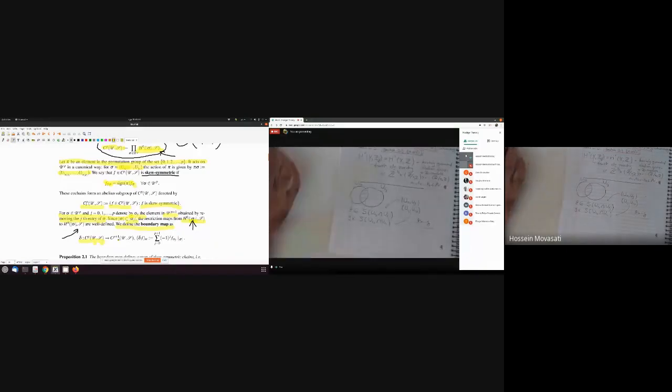How do you define it? If I take F here as a p-cochain, then I have to define delta F.